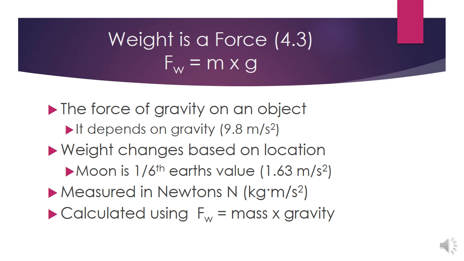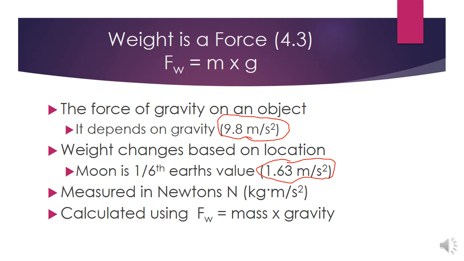So it does depend on gravity, so we are going to be using that 9.8 meters per second squared. Weight changes based off of your location. If you're on Earth, gravity is 9.8 meters per second squared. But if you went to the moon, gravity changes on the moon, so your weight is going to change depending on where you are. Mass, however, will always remain the same.